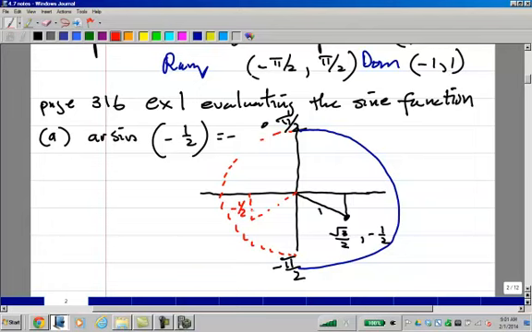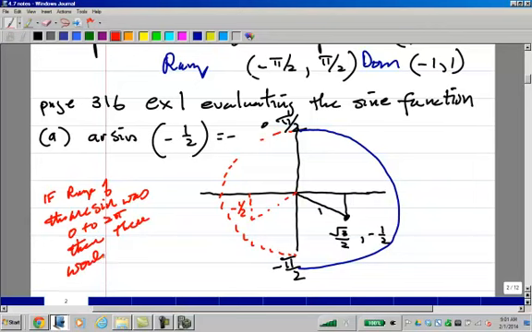And what that means is if the range of the arcsine was 0 to 2 pi, then there would be two outputs.